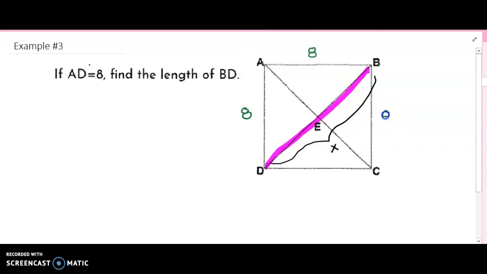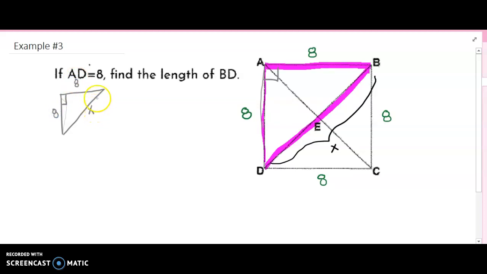So this is 8, this is 8, and this is 8, okay? Now if I focus on this triangle, I notice that this has to be 90 degrees. So this highlighted in purple is a right triangle. Okay, it looks like this. 8, 8, and X, if I kind of separate it from everything else.